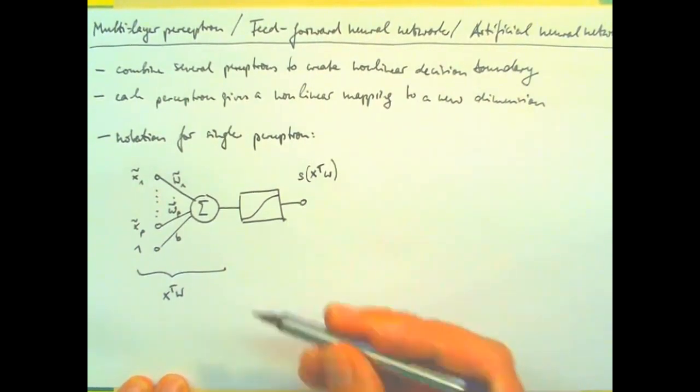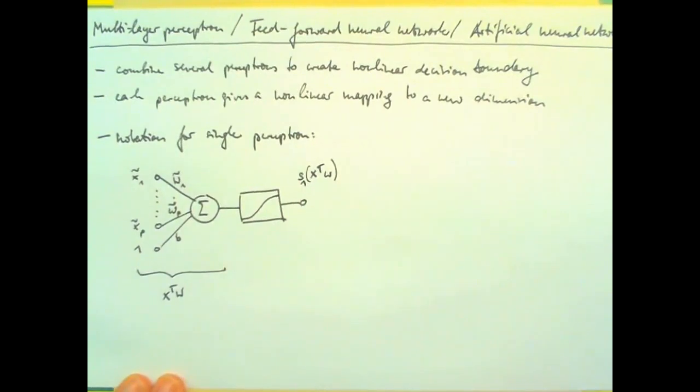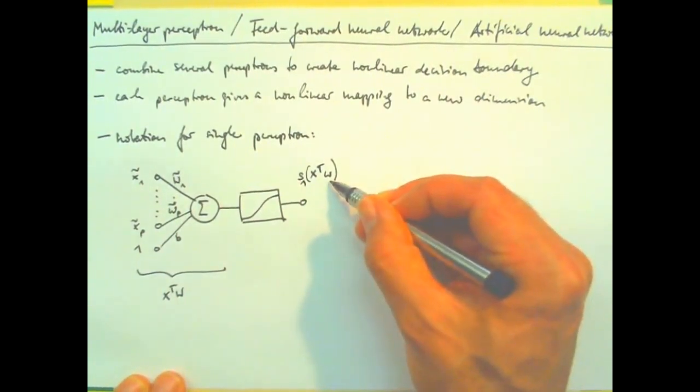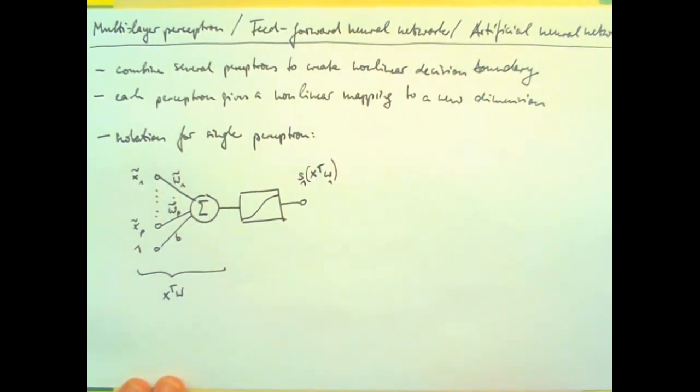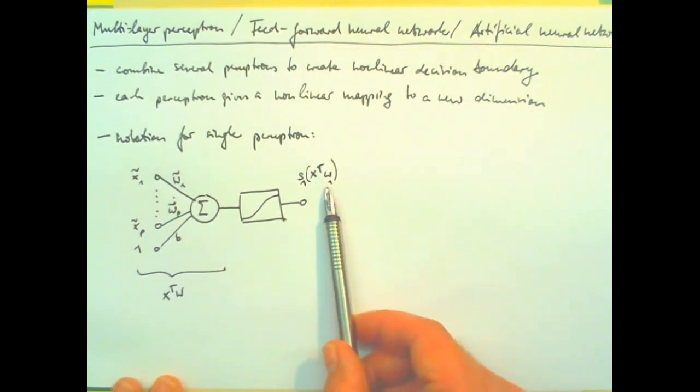And if I call this whole thing perceptron 1, then perhaps let me write here S1 of X transpose, and then I should also give a subscript to the vector. W is now an entire vector, and the 1 is not an element of the vector. It just says that this is the parameter vector of perceptron 1.